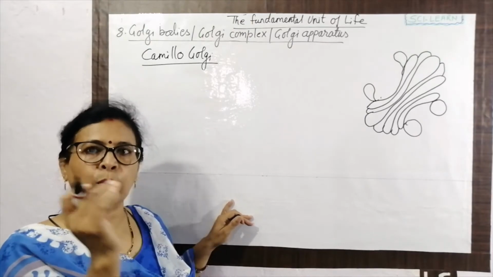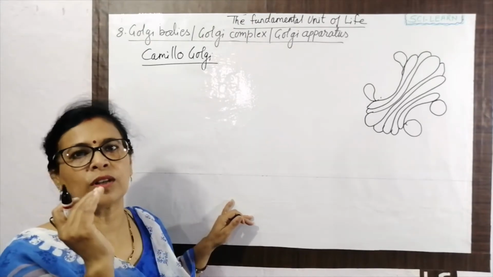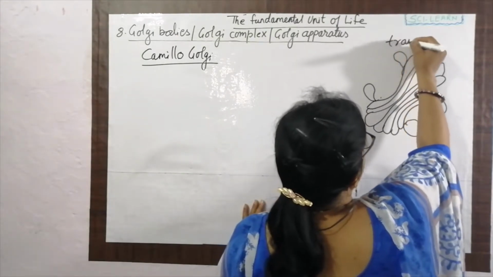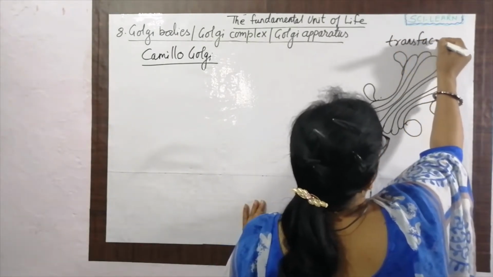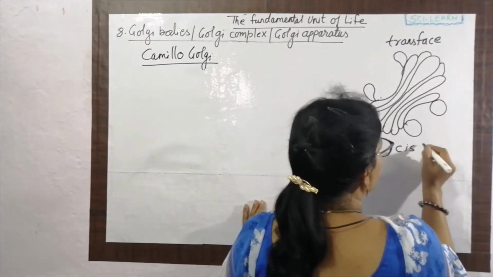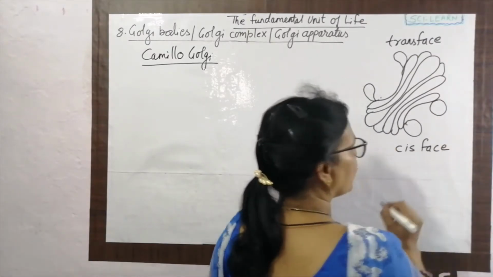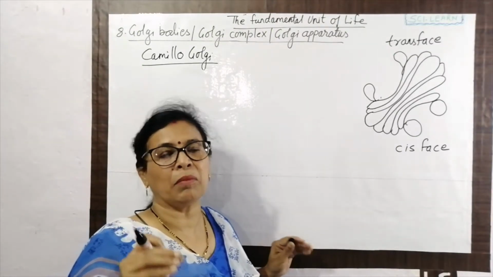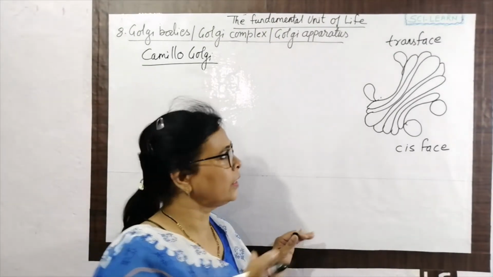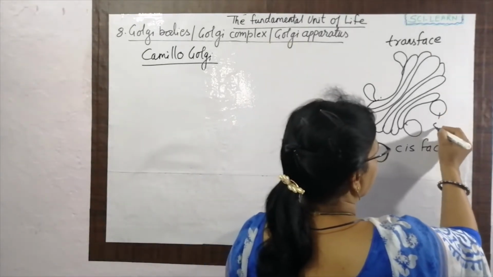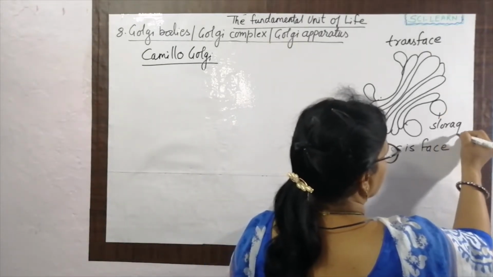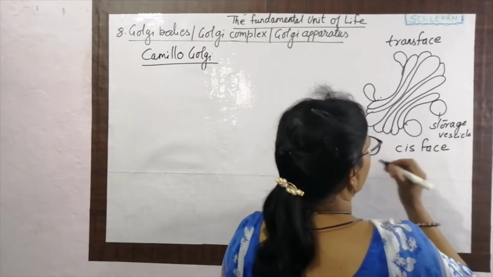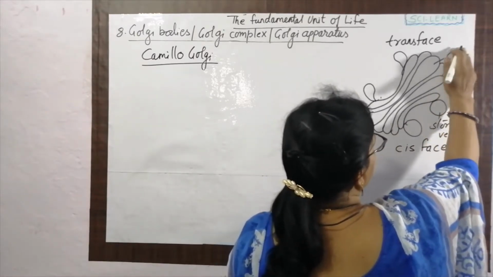Two parts are there. One is called the trans space and one is called the cis space. Okay, it is made up of various cisterns. Cisterns are present, membrane bound, double membrane is there. This is the storage vesicle. Okay, this is all called the cisterns.